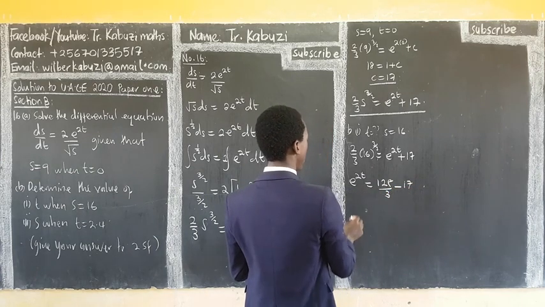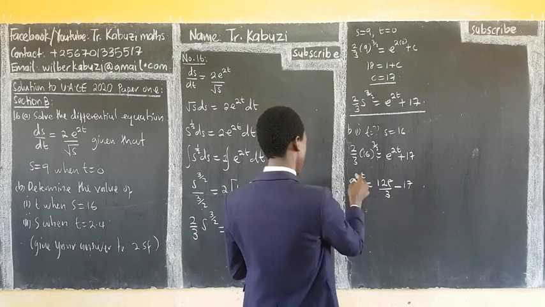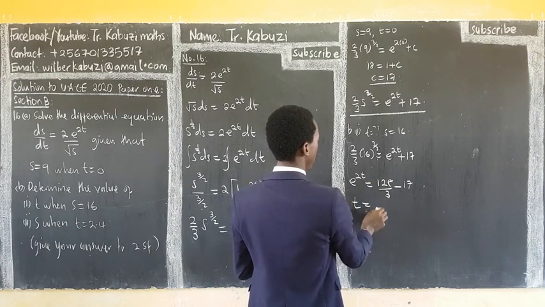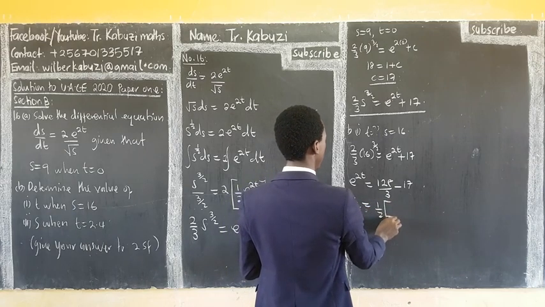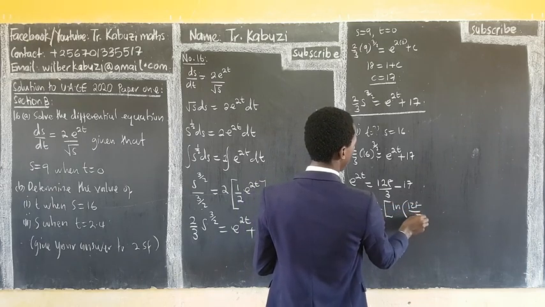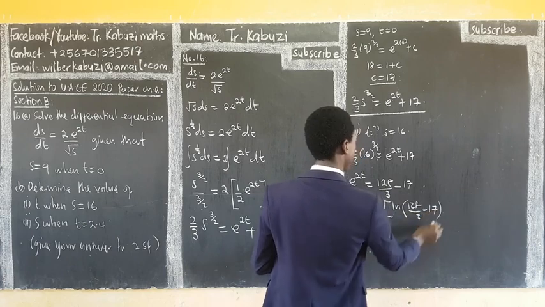So if you get natural log both sides, you see natural log here. So our t will be half into natural log of 128 over 3 minus 17.